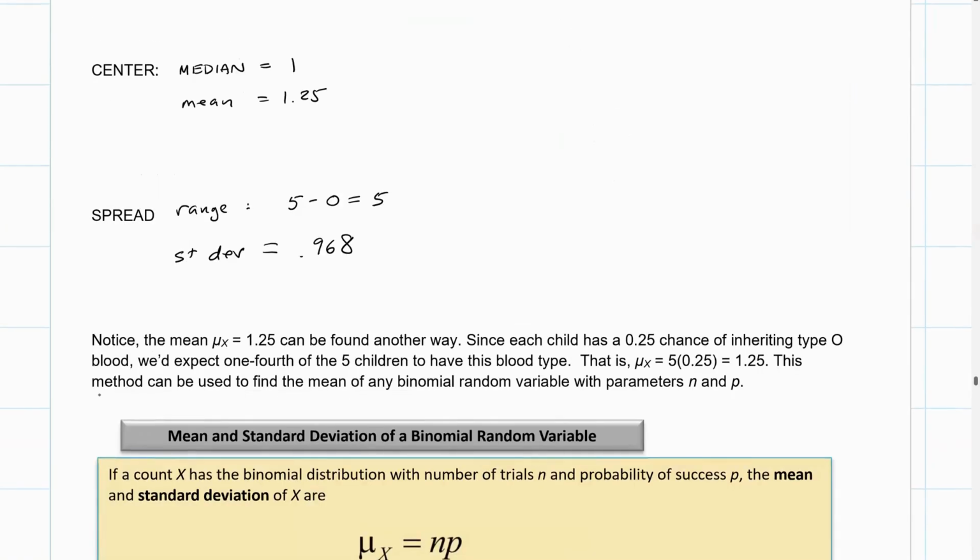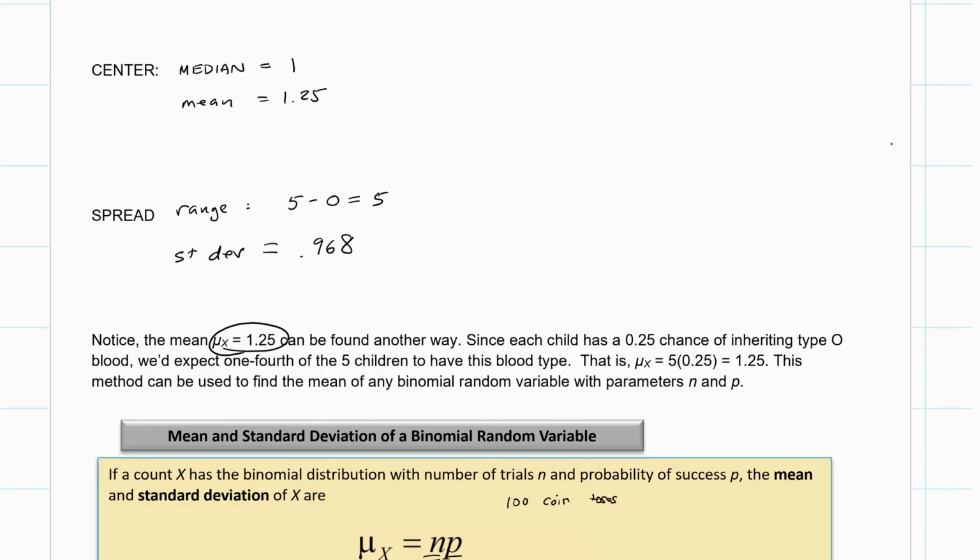Now, note that this 1.25 might be able to be found another way. It's generally understood that for a binomial distribution, the expected outcome is the number of trials times the probability. Think of it this way. If I do 100 coin tosses, how many heads do we expect?